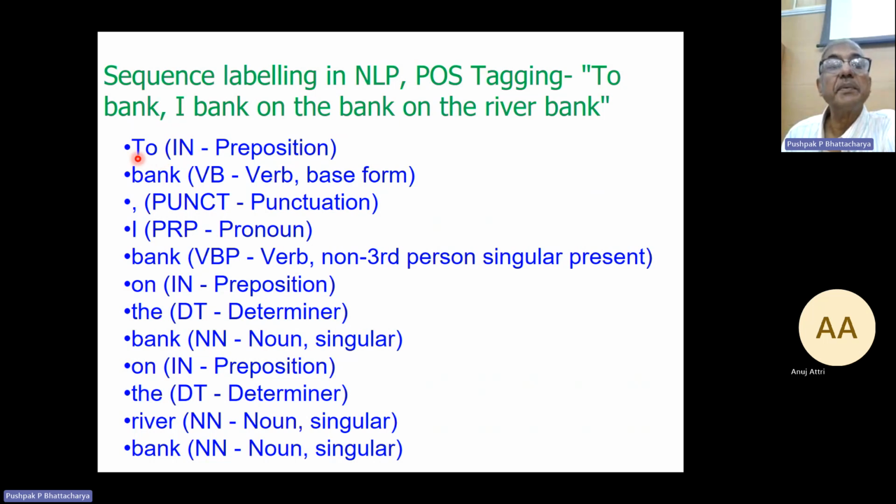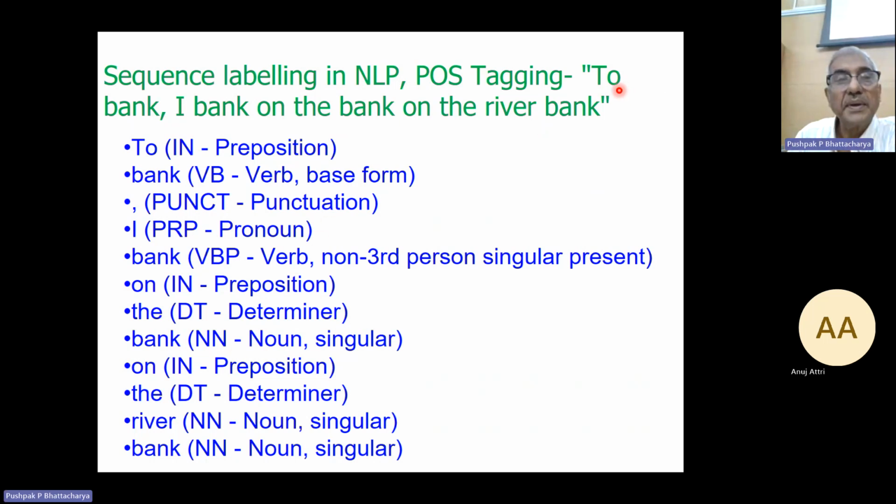So to, for example, is a preposition. The next bank is a verb. But the bank at the end is a noun. Okay, so it requires disambiguation. For example, bank is both a verb and noun. So previous word and other clues will disambiguate.